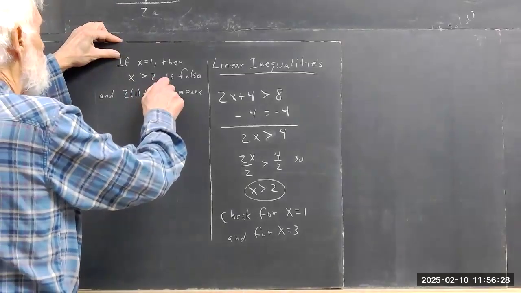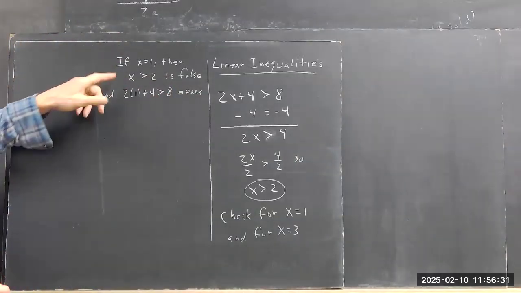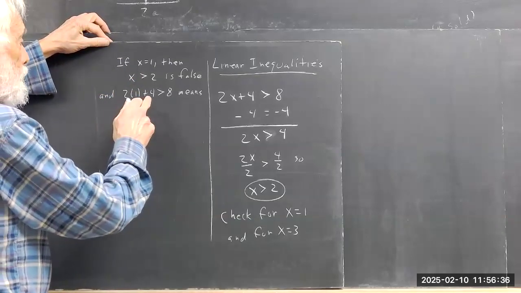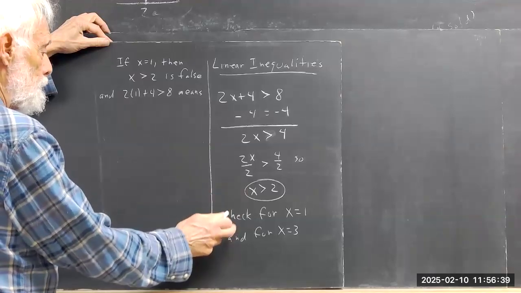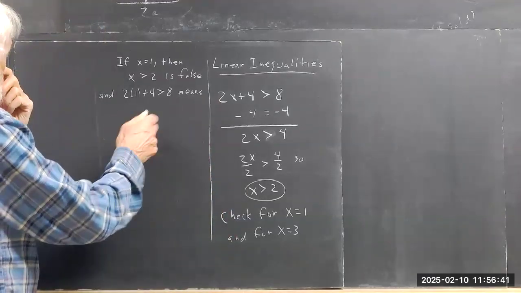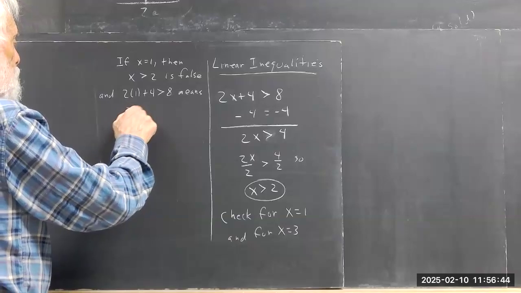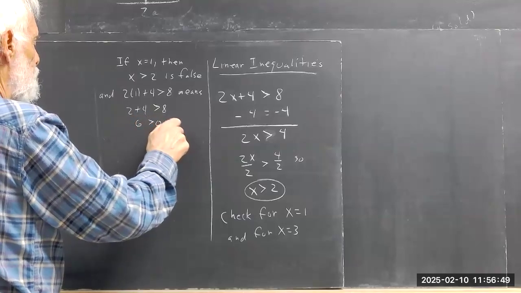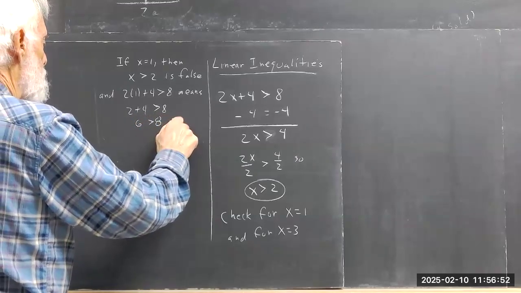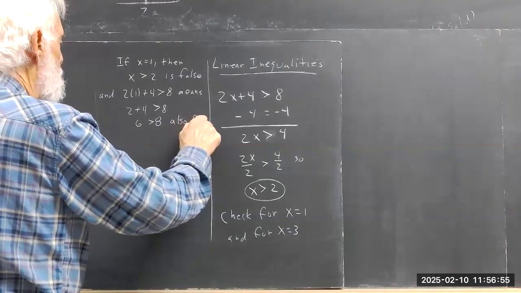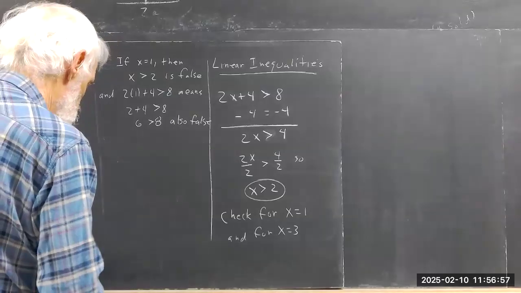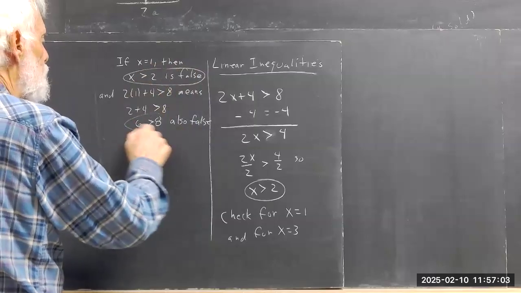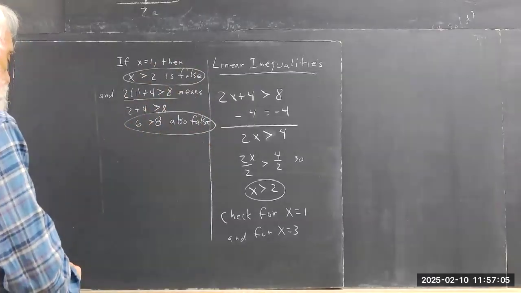And 2 times 1 plus 4 greater than 8, which is our original inequality, tells us that 2 plus 4 is greater than 8, tells us that 6 is greater than 8. That's also false. So this is false, and this is false.